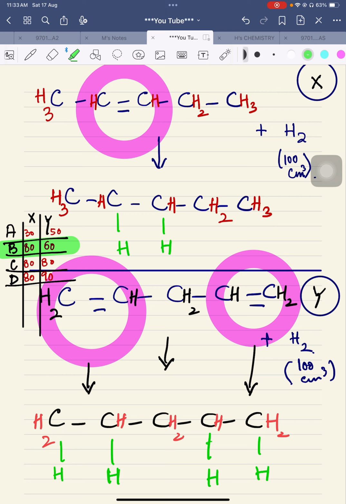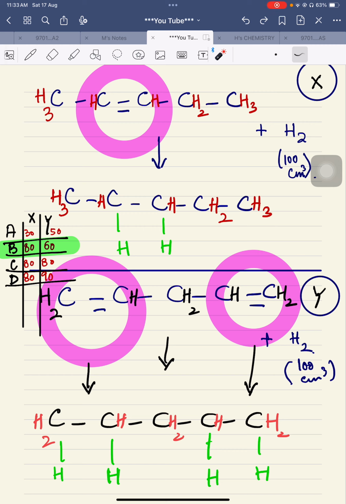In the case of X, it has only one carbon double covalent bond. That's why it consumes a lesser volume of hydrogen to convert that double covalent bond into a single covalent bond. Whereas in Y, there are two double covalent bonds, so it consumes more volume of hydrogen.